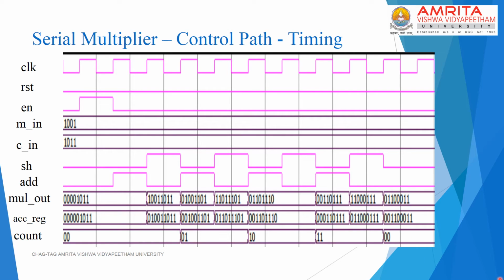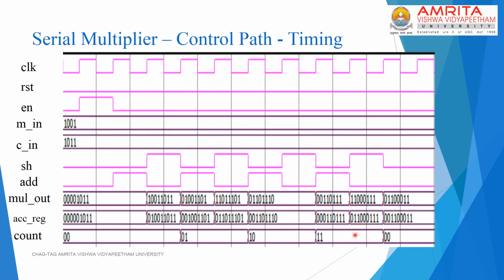In addition to the add and shift, and of course the enable, we need to have a counter to keep track of the number of adds and shifts. This is required for putting an end to the multiplication operation at the appropriate time.